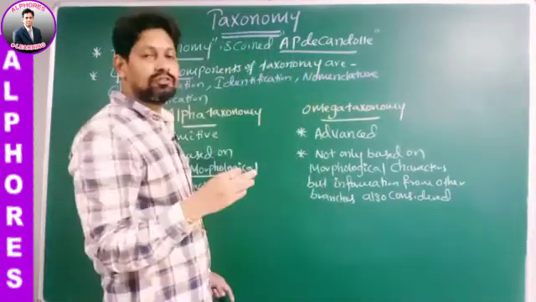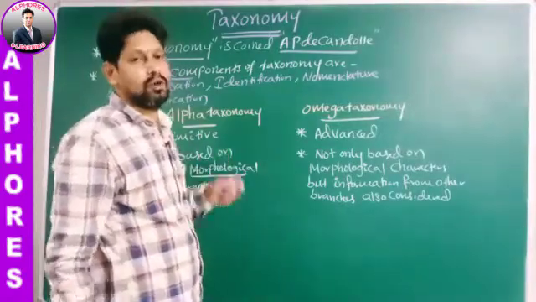It means information from different branches is considered in the case of omega taxonomy.